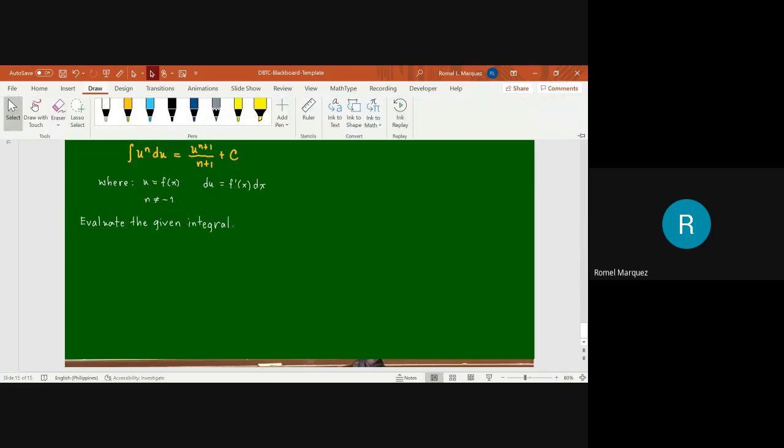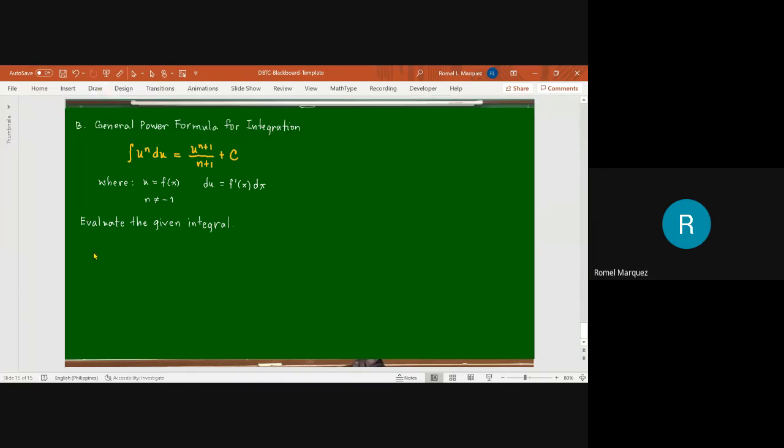So number 1, we have the integral of dx over the fifth root of x. How are we going to evaluate this? Give me an idea, guys.